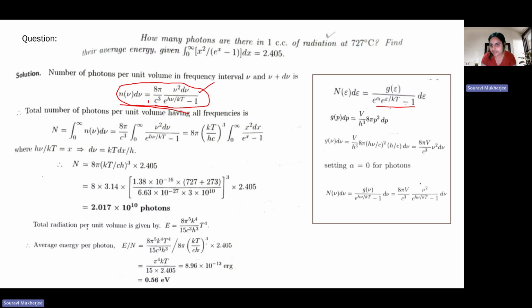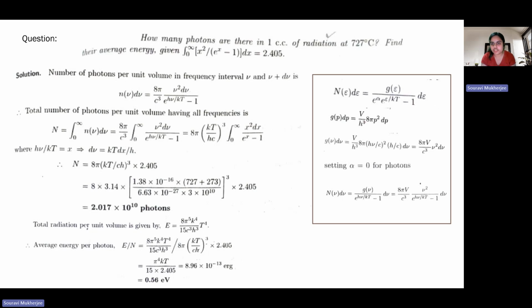This term is your mean occupation number, and then you have g epsilon. Here g epsilon is not really degeneracy. It's like the density of states. How many states are possible in the range epsilon to epsilon plus d epsilon?